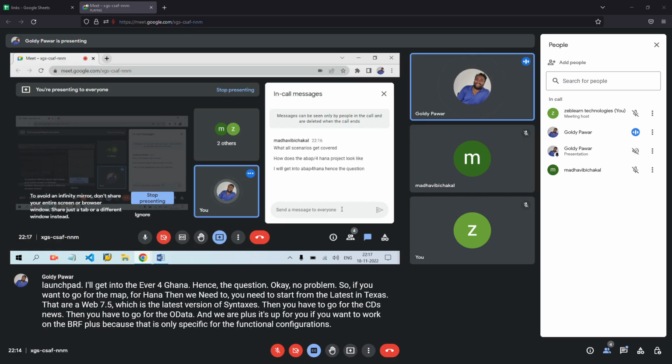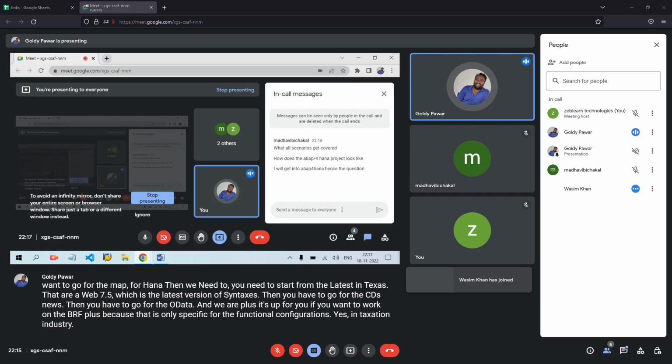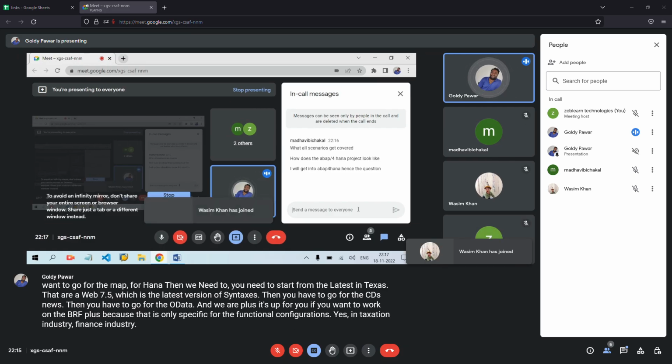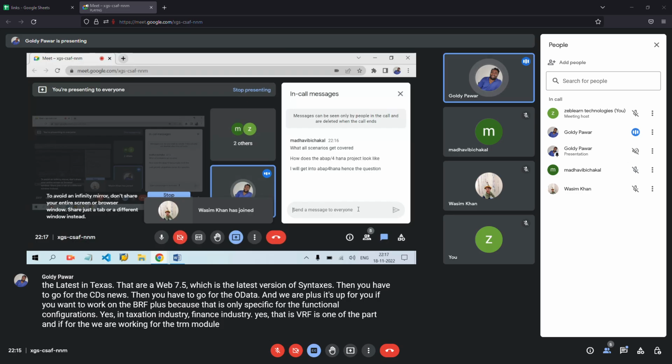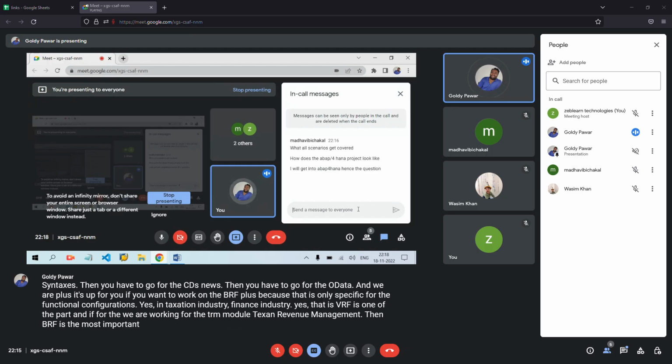Yes, in the taxation industry, finance industry, BRF is one of the parts. And if you are working for the TRM module, tax and revenue management, then BRF is the most important object. Then we need to develop the Adobe Forms.